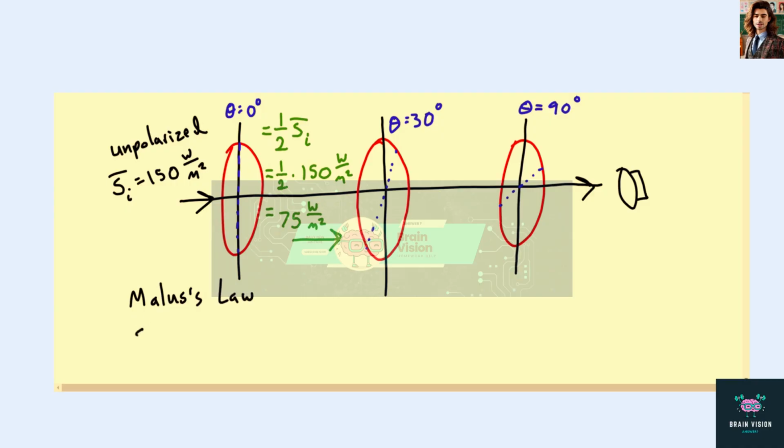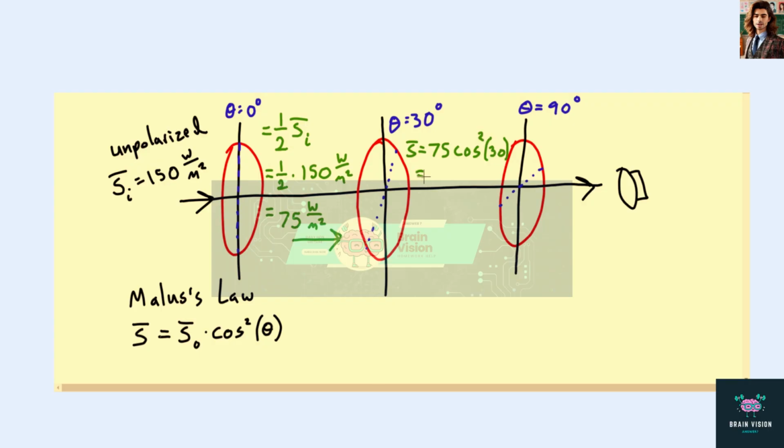You may recall Malus's law, that the intensity is equal to the initial intensity times cosine squared of angle theta relative to the polarization. So we're going from theta equal to 0 to theta equals 30. We'll plug in 30 degrees into this equation here. S is equal to the intensity that is hitting that polarizer, 75, times cosine of 30 degrees, squared.